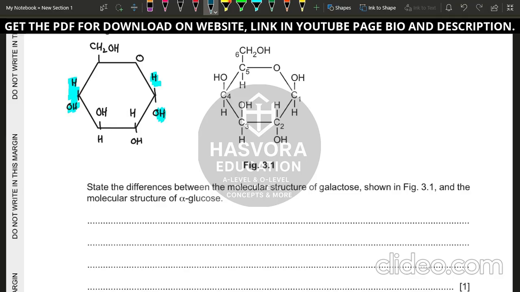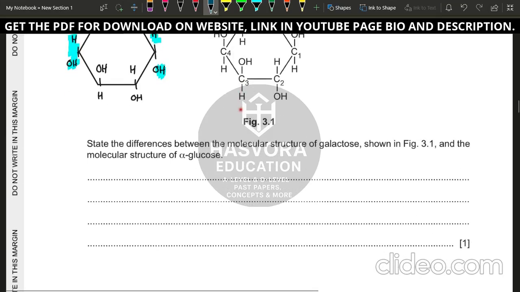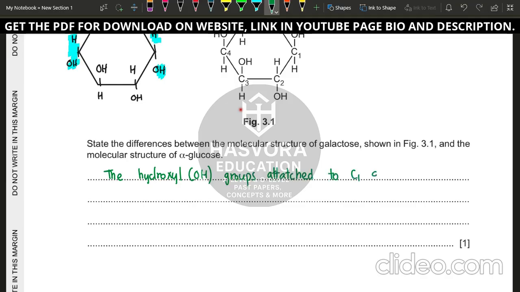So this is what I'm going to write: the hydroxyl, the OH groups attached to carbon 1 and carbon 4 are pointing downwards in alpha glucose.